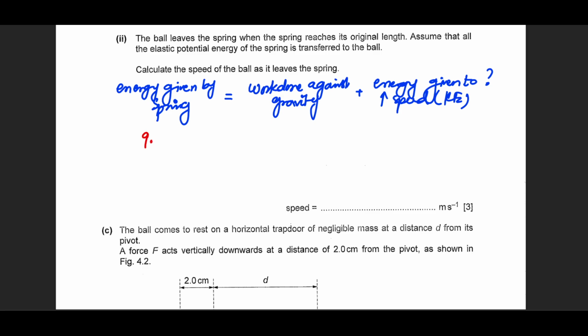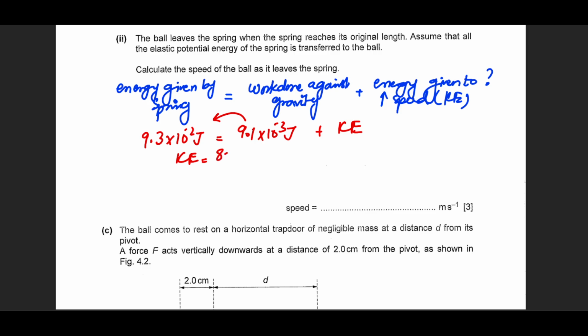So we have supplied 9.3 into 10 raised to the power minus 2 joules from the spring. It converted 9.1 into 10 raised to the power minus 3 joules into gravity as mgh, and the remaining will be kinetic energy. That comes out by subtracting them, of course; we take this over there, it gets subtracted.